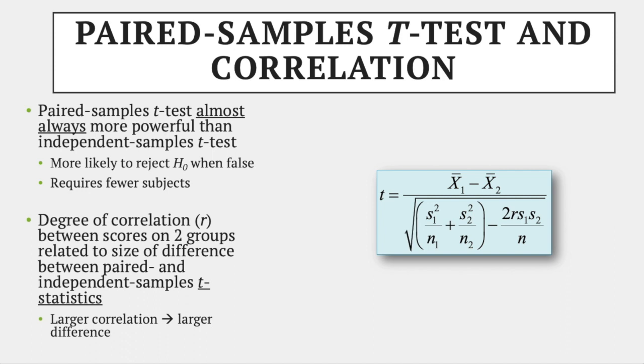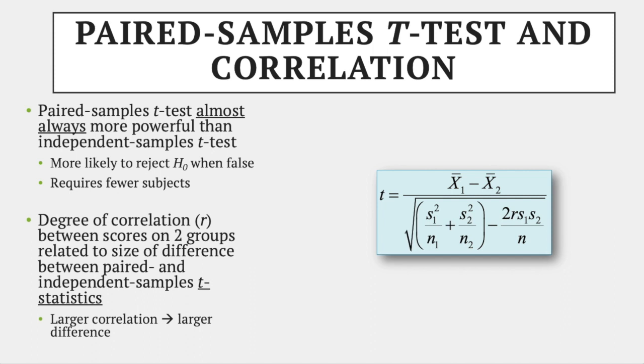So one thing that's interesting is the degree of correlation between the scores for the 2 groups is related to the size of the difference between the paired and independent samples t-tests. What this means is, let's say I bring in a group and I test them from pre-test to post-test. I have 2 options. I could use an independent samples t-test to test for differences, or I could do a paired samples t-test.